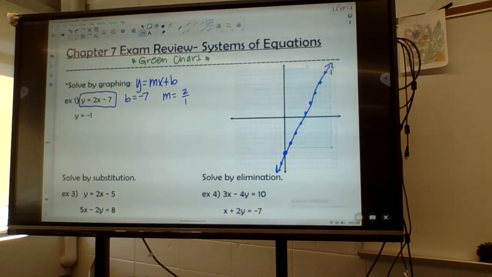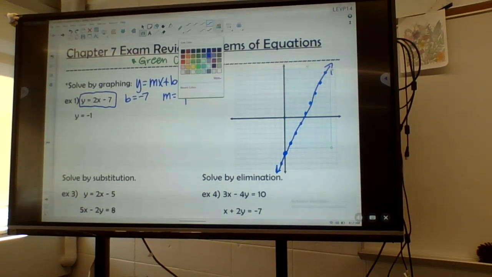Now our second line is y equals -1. That's one of those unique lines. y equals -1 is just going to be a flat line at -1. So we'll draw that one on there as well. So by asking on the test to solve by graphing, this is what we're looking at doing here.